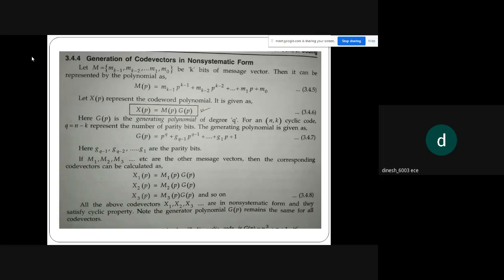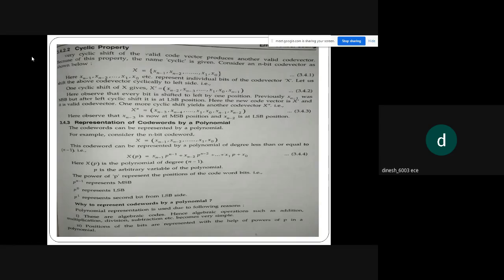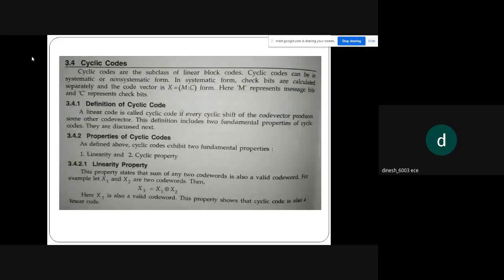So this is a continuation of yesterday's class where we had started the cyclic codes. I'll just give you a recap on what we had seen last class, second part, which is about cyclic codes. The cyclic codes are a subclass of linear block codes, which can be in a systematic or non-systematic form.